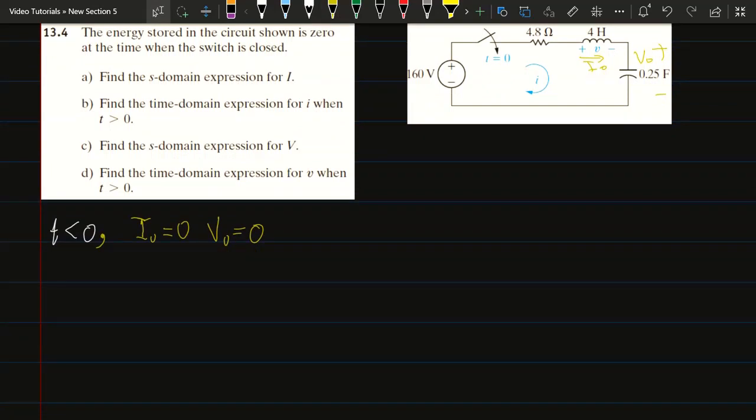Now the switch is closed, so this is for t more than 0, and when the switch closed, the circuit becomes like this.